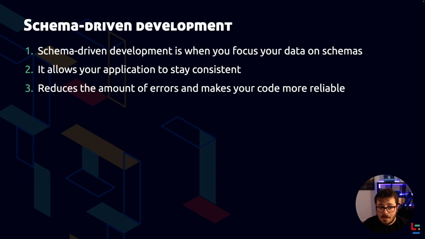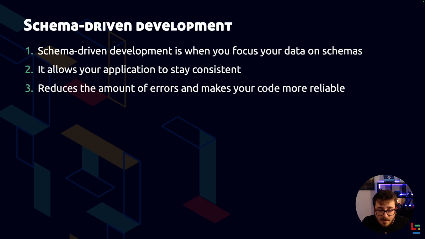This actually reduces the amount of errors a lot, and makes your code way more readable. Because if you change a schema, let's say your API changed, your user changed, or your requirements have changed, when this happens, you have a change of schema. And when the schema changes, what you have to do is actually change the types, right?